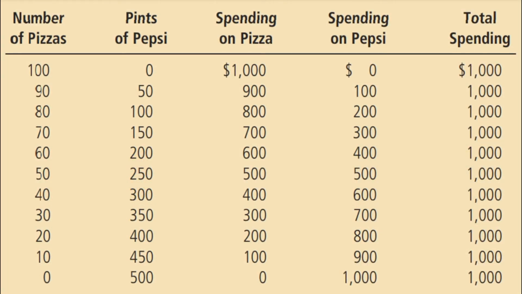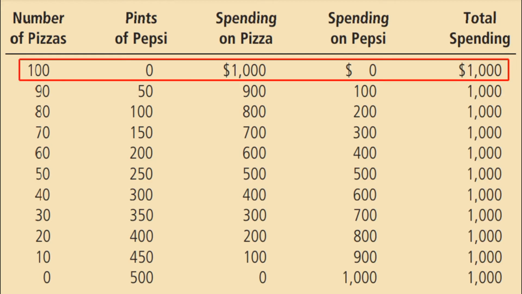This table shows some of the many combinations of pizza and Pepsi that the consumer can buy. The first row in the table shows that if the consumer spends his entire income on pizza, then he can purchase 100 pizzas but no Pepsi.